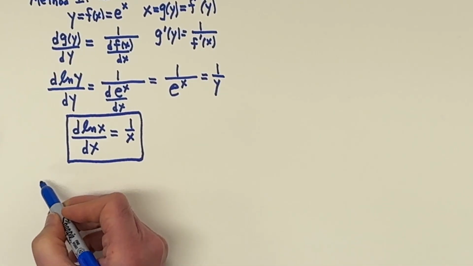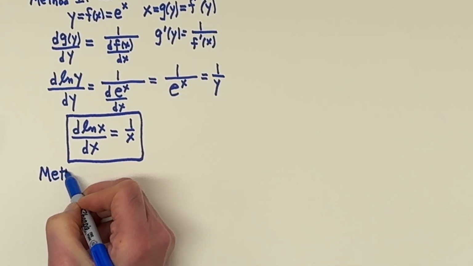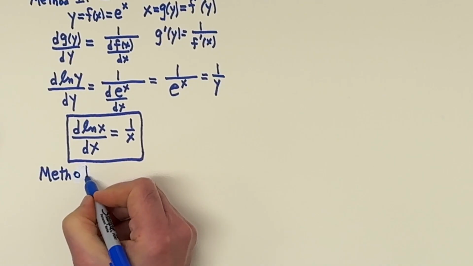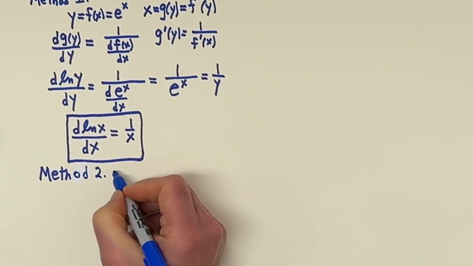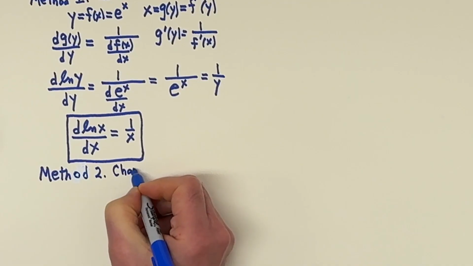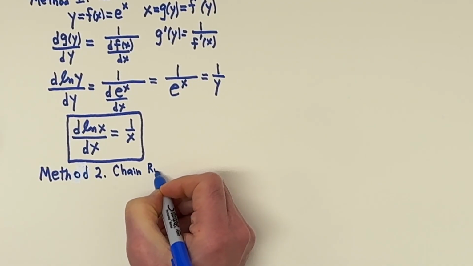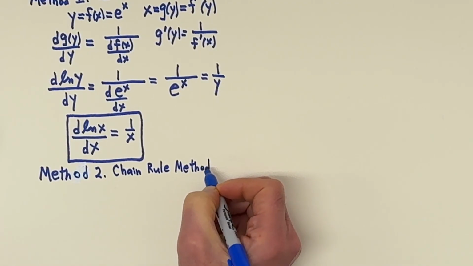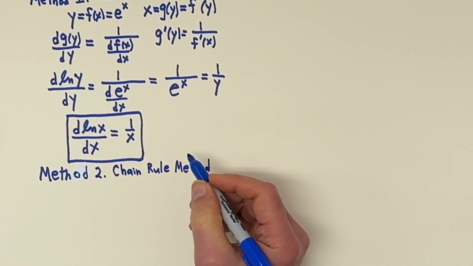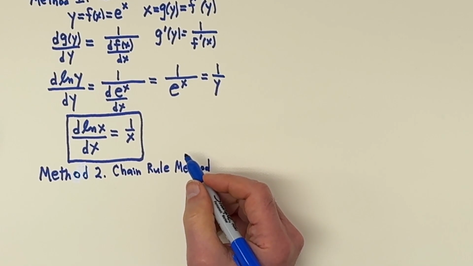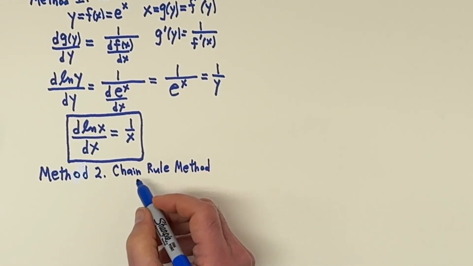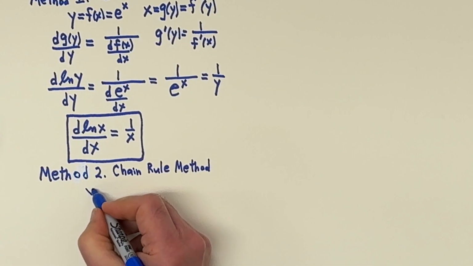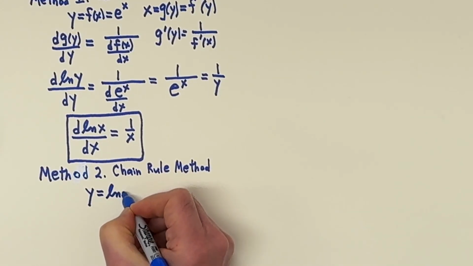So the next step we'll call method 2. I'm going to nickname method 2 chain rule. Chain rule method. Now, for this method, the approach that most people will do is they will start with a new definition of x's and y's and just call the y here equal to the natural log of x.